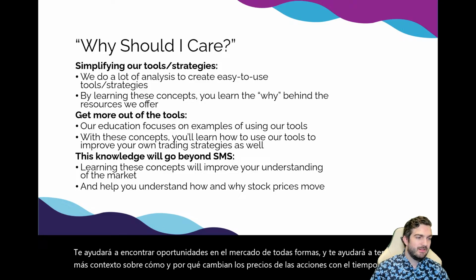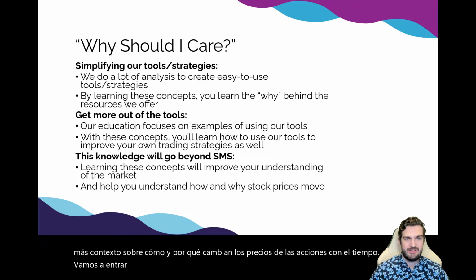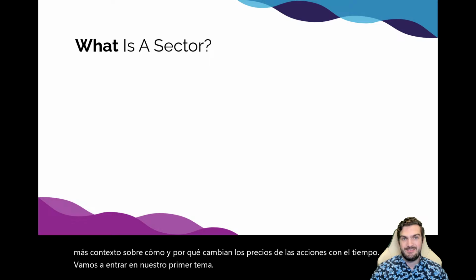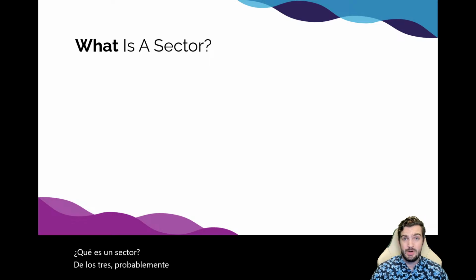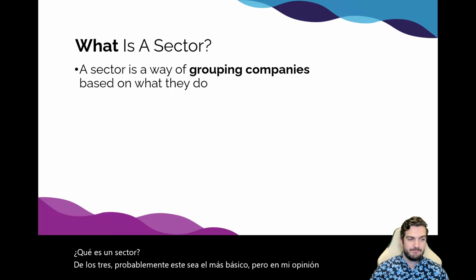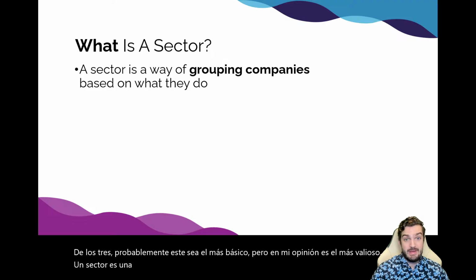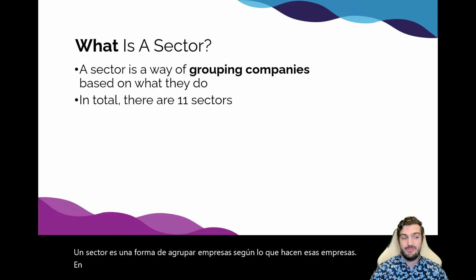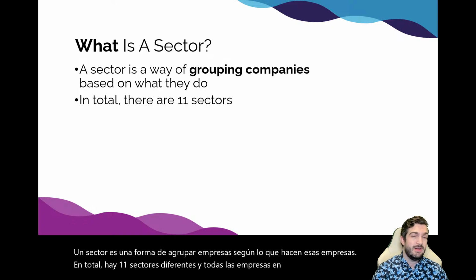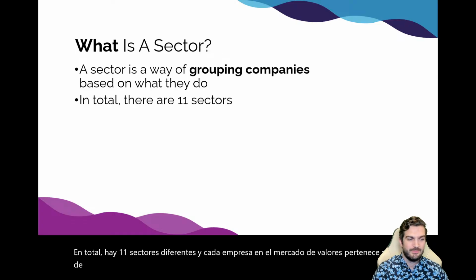Let's dive in with our first subject: what is a sector? Of the three, this is probably the most basic one, but in my opinion, is the most valuable one. A sector is a way of grouping companies based on what those companies do. In total, there are 11 different sectors, and every company in the stock market belongs to one of these 11 sectors.